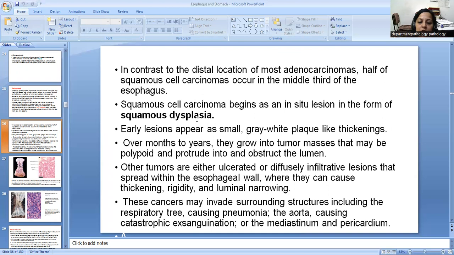Other tumors are either ulcerated or diffusely infiltrated lesions that spread within the esophageal wall, where they can cause thickening, rigidity, and luminal narrowing. These cancers invade surrounding structures, including the respiratory tree, causing pneumonia, the aorta, causing catastrophic exsanguination, or the mediastinum and the pericardium.